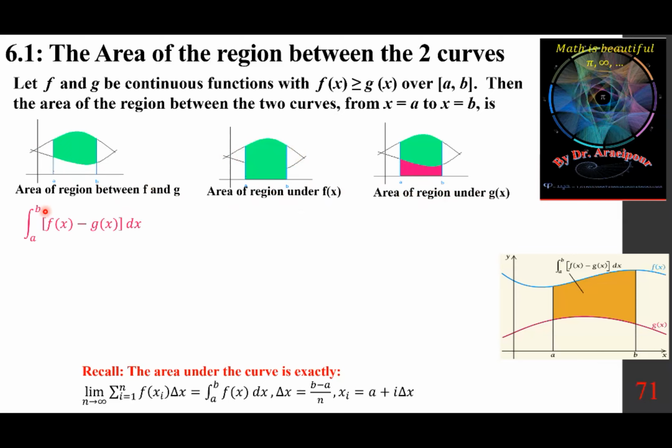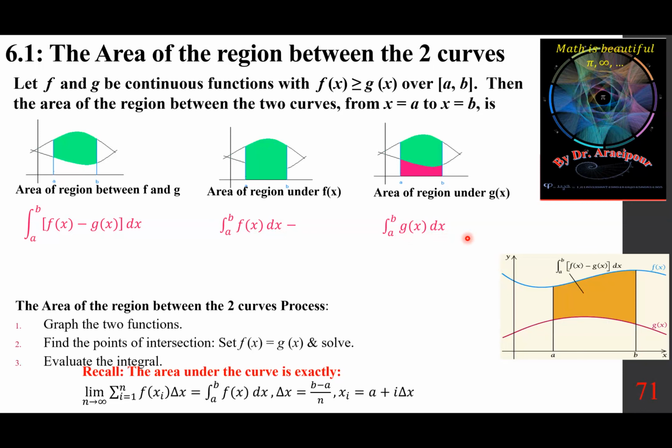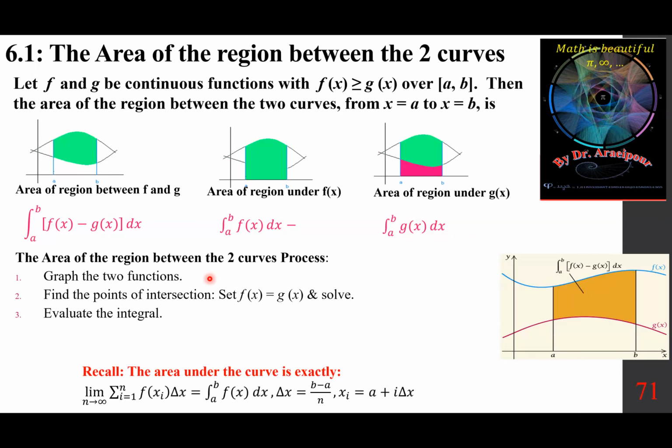So the area of this region is the integral from a to b of f of x minus g of x dx, because this one is the integral from a to b of f of x dx minus this one, which is the integral from a to b of g of x dx. That's the concept. So you want to find the area of the region between two curves.